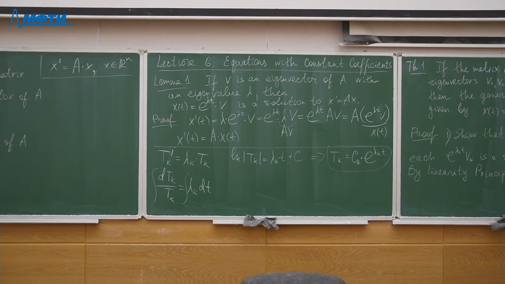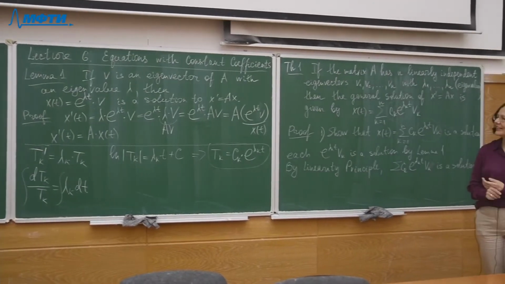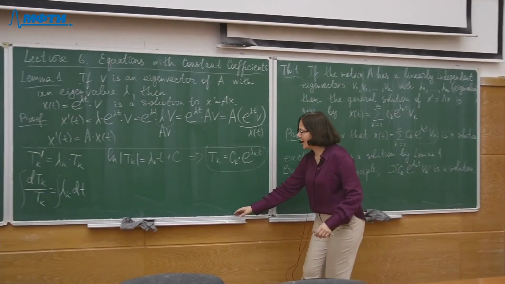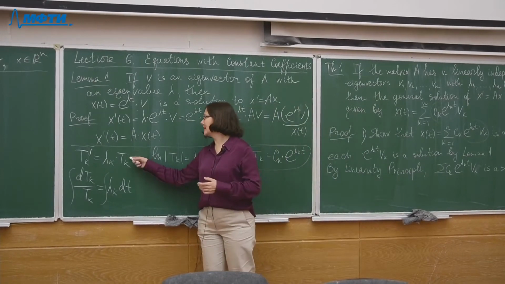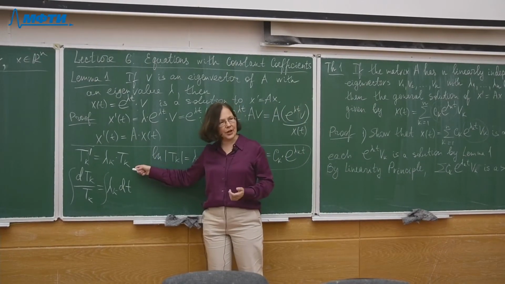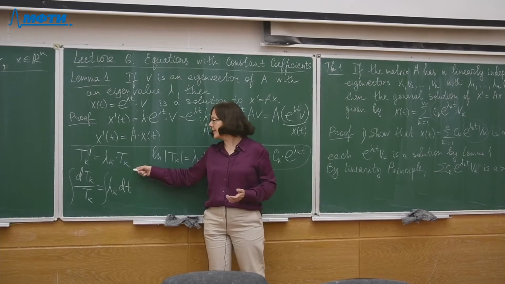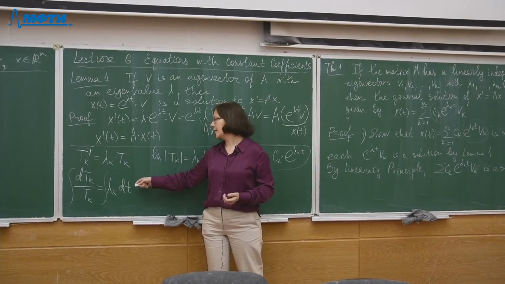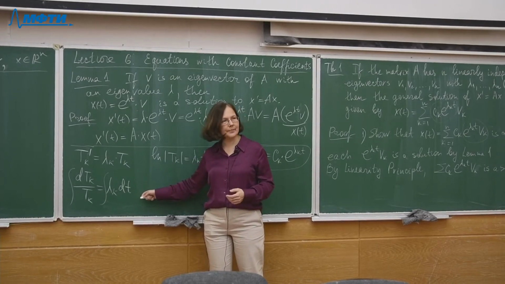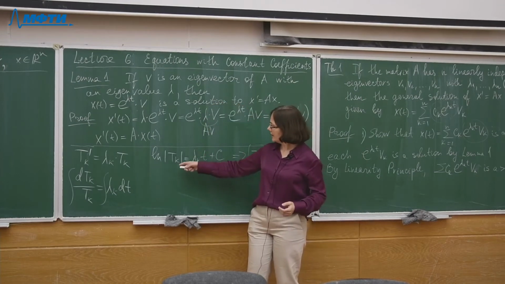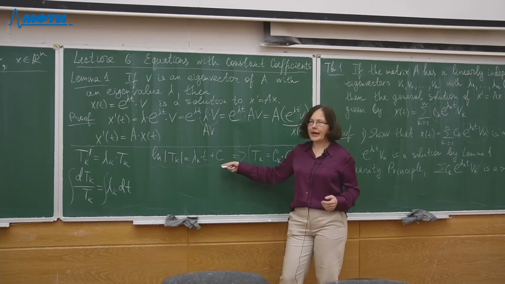The questions? How do we get tk, the coefficient? I have solved this differential equation. It is very easy to solve. I have separated the variables, and after this I have obtained this.